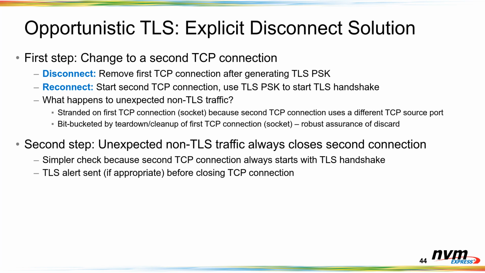If any NVMe commands are sent other than the authentication commands, they're not going to do anything. They're going to get stranded when we drop that connection. And the second connection starts up directly in TLS, and any non-TLS traffic that shows up will be interpreted as bad traffic and will cause that connection to close.